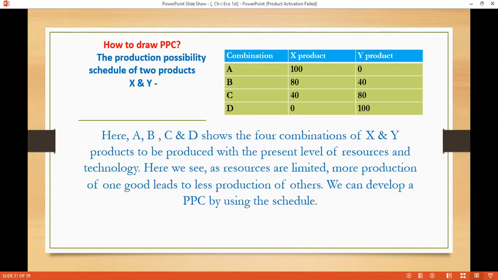That means when we want to increase production of Y product, we have to decrease the production of X product as the resources are limited. If we increase the use of resources in one product, we have to reduce the use of resources in another product. So we can develop the PPC, the production possibility curve, by using the schedule.